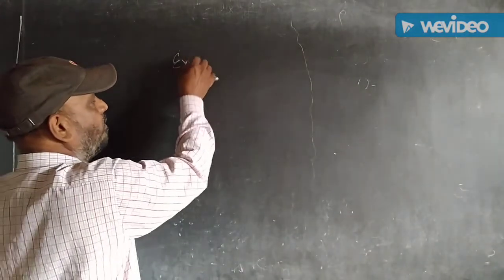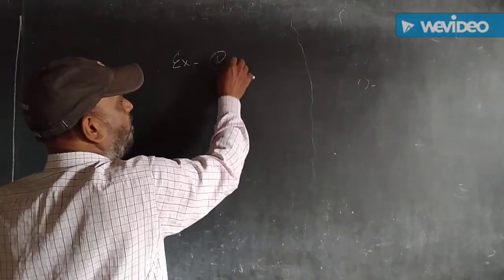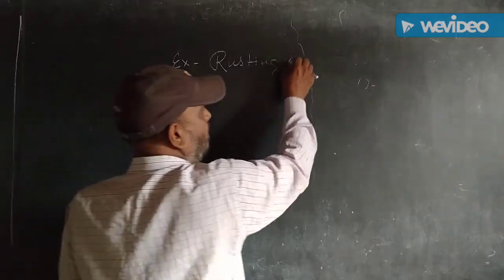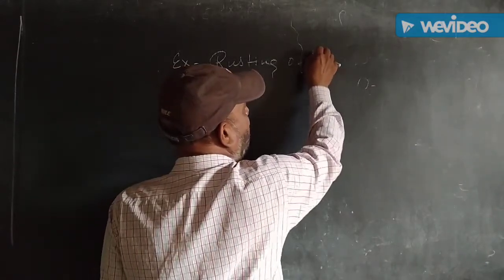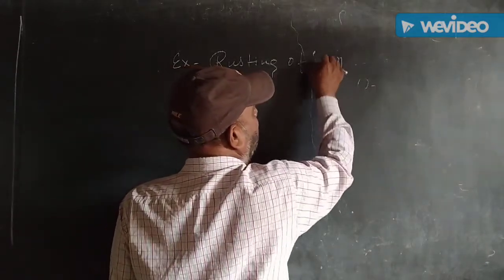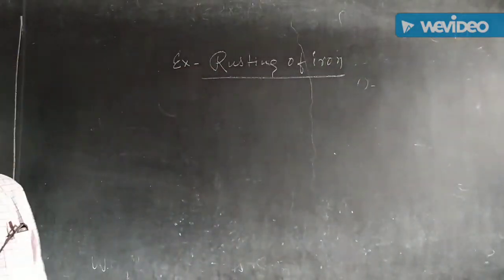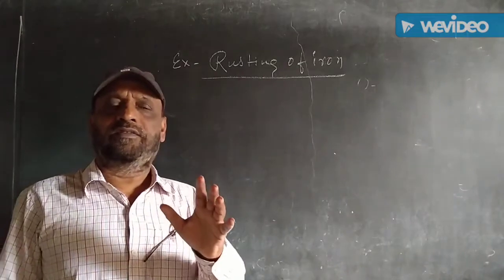Example: rusting of iron. What is rusting of iron? What is rust?